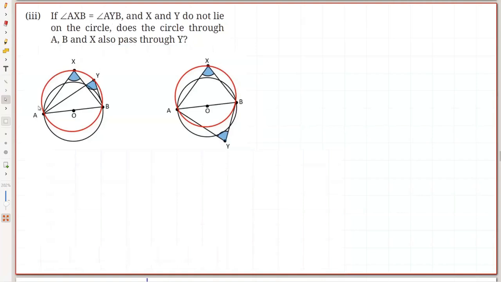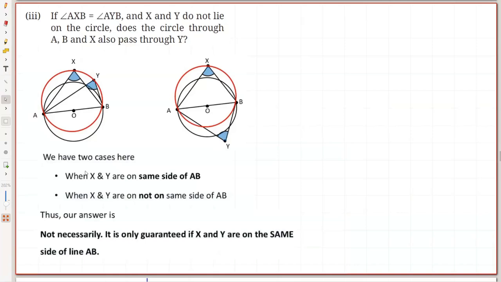In this case, if the 2 points are on the same side of AB, the circle passes through A, B, X, Y. This is the first case. If X and Y are not on the same side of AB, if they are on different sides, the circle does not pass through A, B, X, Y. So we have two cases: when X and Y are on the same side of AB, it passes through the circle; when X and Y are not on the same side of AB, it does not. So the answer is, it is not necessarily passing through the circle.